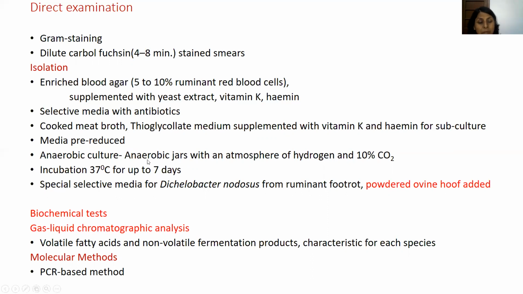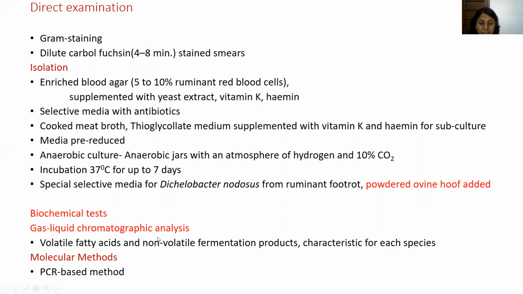Anaerobic culture can be done using the anaerobic jar with an atmosphere of hydrogen and 10% CO2. Incubation should be done at 37 degrees centigrade for up to 7 days, and selective media are used for Dichelobacter nodosus, to which powdered bovine hoof is added.